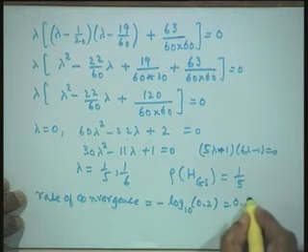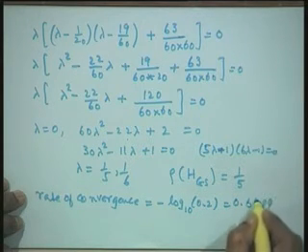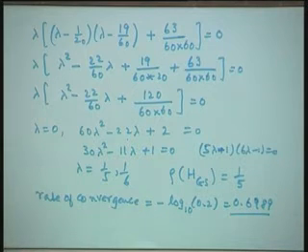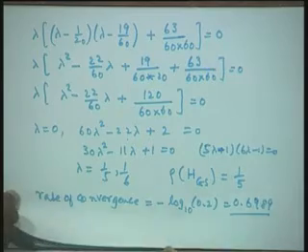This is approximately 0.6989. Therefore, this is how we can find the rate of convergence and then compare the rate of convergence of different methods like Gauss-Jacobi or successive relaxation or the Gauss Seidel methods we can do.